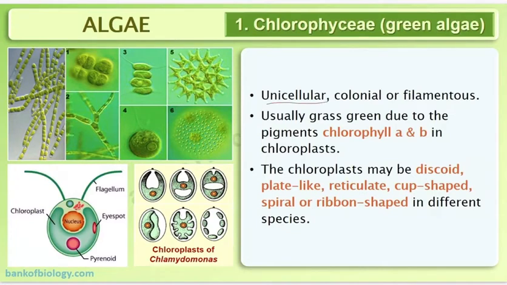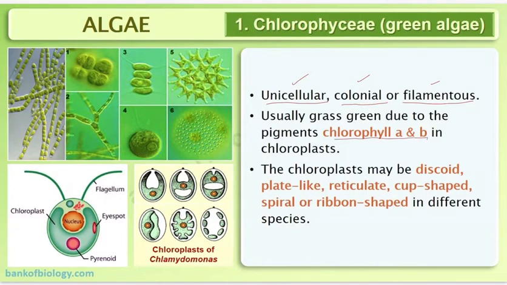Now, continuing with that, let us see the characteristics of class 1, that is Chlorophyceae, green algae. Basically, these are unicellular. The whole body is made up of only one cell, and they form colonies, so colonial in nature. They have large ribbon-like structures.